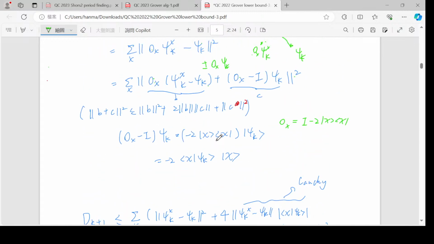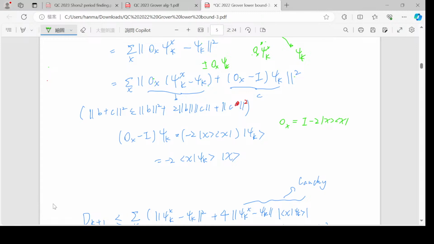And how about the first part? If you think about norm B squared, okay, this is a bit funny. So B squared is equal to the sum over x of the norm of O_x psi_xk minus psi_k, squared. O_x is also a unitary.